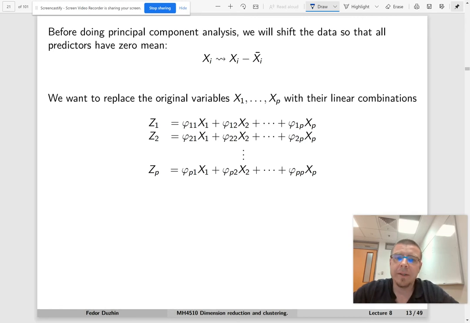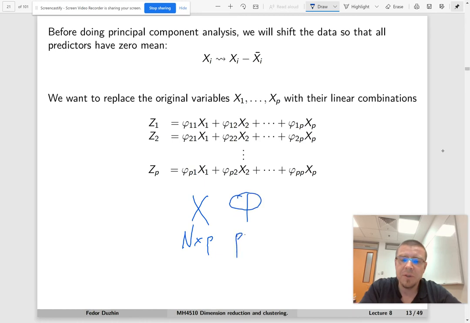All right, and I'm going to replace the original variables with their linear combinations. In other words, if I have the original data matrix of size n by p, then I'm going to multiply it by a new matrix phi on the right, p by p, so that I get the new data matrix Z, also of size n by p.